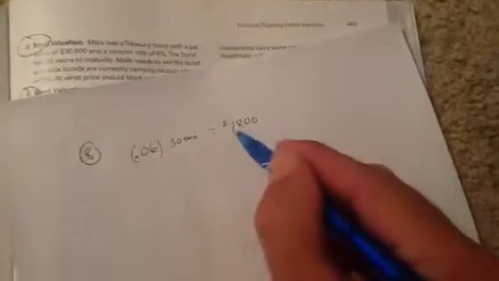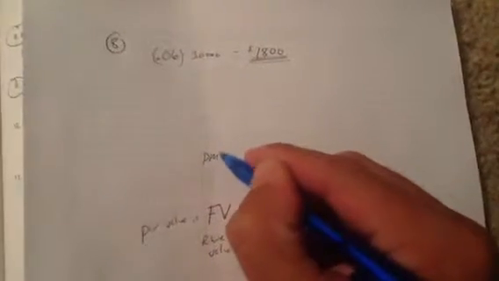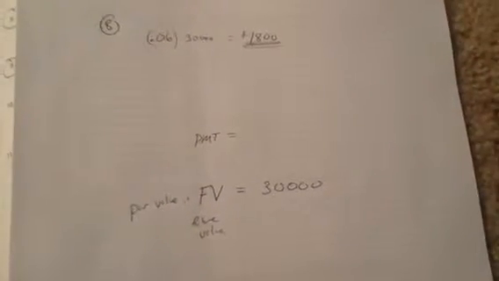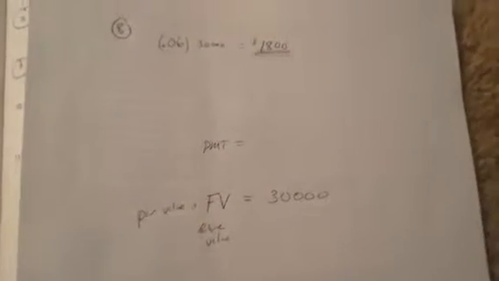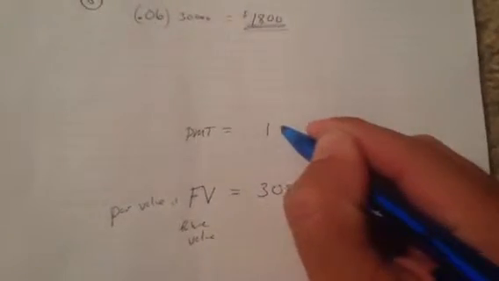We figured out how much in coupons Mark's bonds pay every period right there. That's what we call the payment, the coupon payment. Remember, payment is the annuity structure in your financial calculator. If you're going to get the same amount every year, $1,800 in this case, time after time, that same amount is an annuity, or in the calculator parlance, the payment.